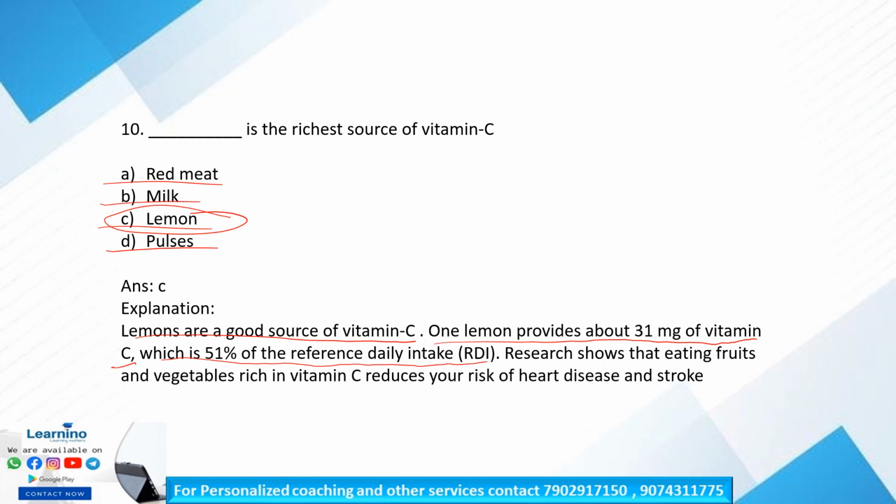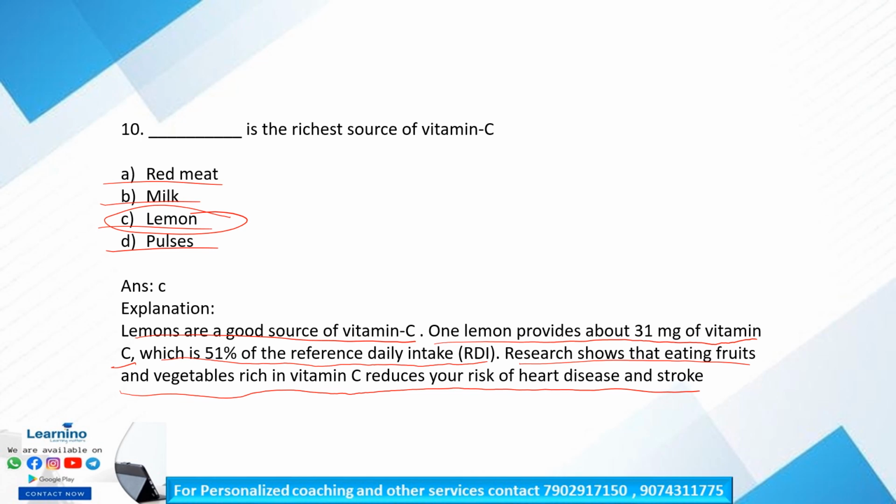Research shows that eating fruits and vegetables rich in vitamin C reduces your risk of heart disease and stroke. Lemons, oranges, mosambis are all full of vitamin C. Clear? So the richest source of vitamin C is lemon.